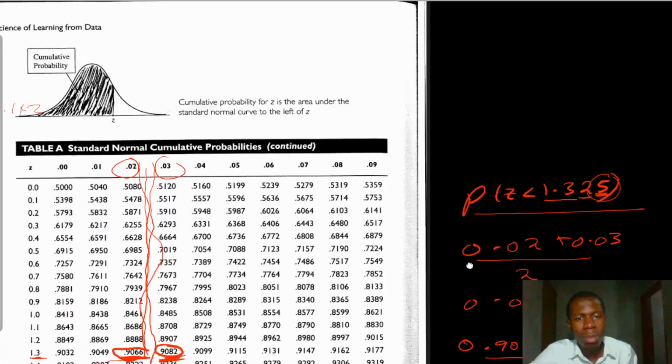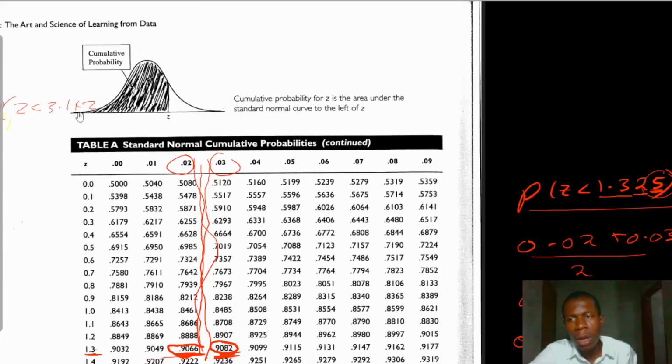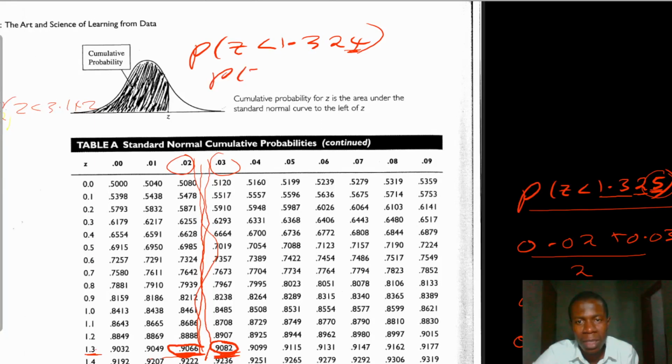Now there are some rules that you should consider. For instance, if you are finding the probability of Z less than 1.324, this number here is less than 5, so we can simply round it off and write it as Z less than 1.32, which we can find right here on the table.